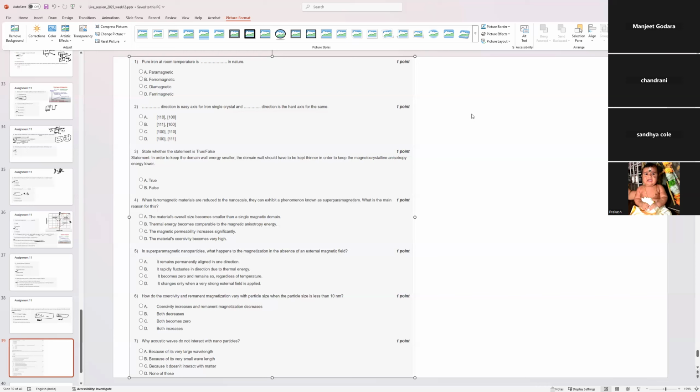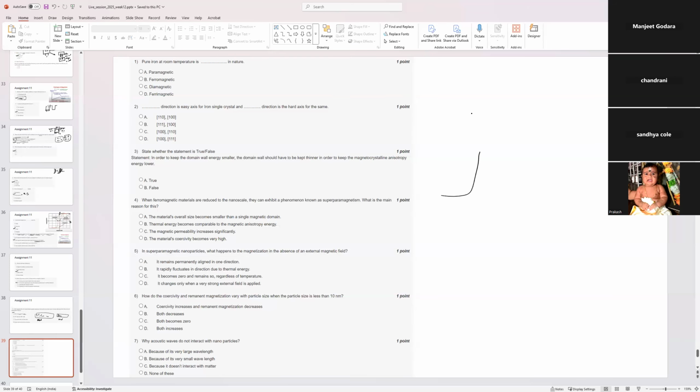Even though it's not the real size, because there are multiple domains, there is a range of sizes in the domains.